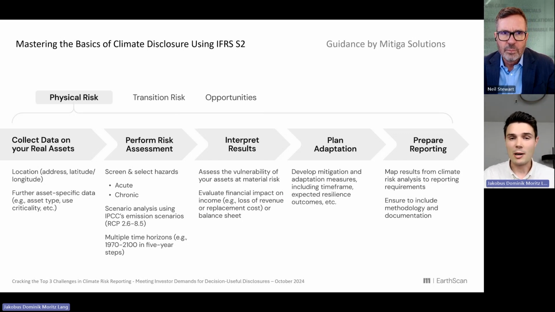And I want to guide you through that in a second, because it all starts with data on their assets and ultimately on their own operations, but also on the value chain, to have an input to then, in the second step, start performing risk assessments.